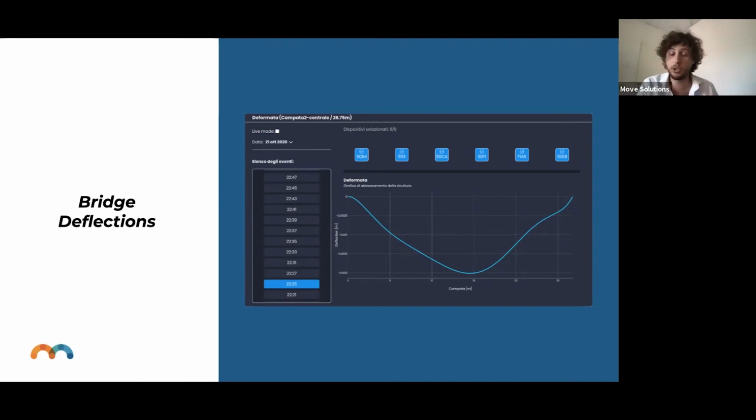When you perform a load test with a tilt, you need to extrapolate the deflection, which, if you do it with a first order equation, is easy, but it's not accurate at all. So you want something more advanced, and we have designed a tool for you to do that.